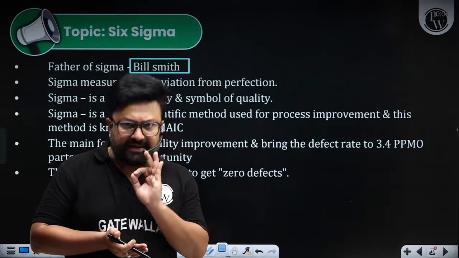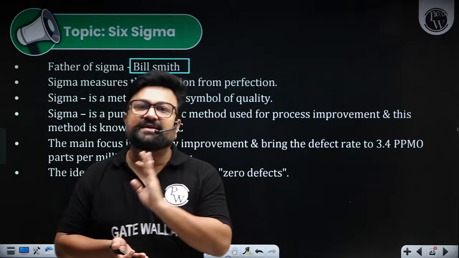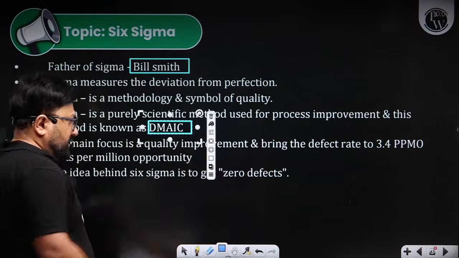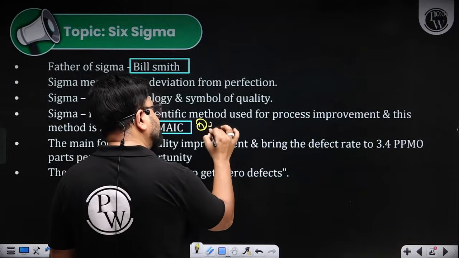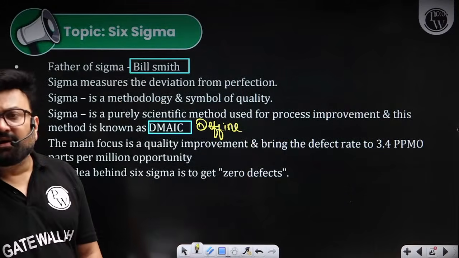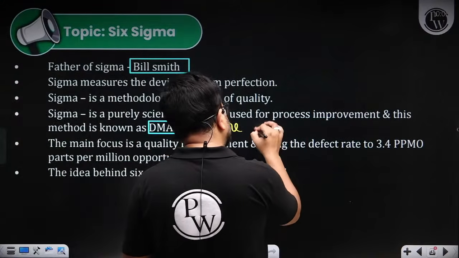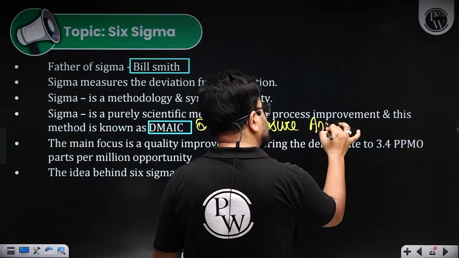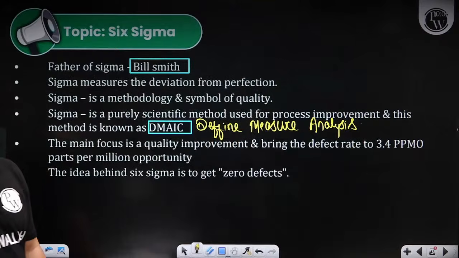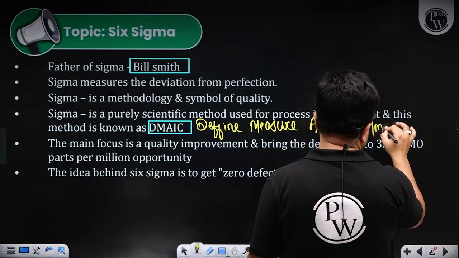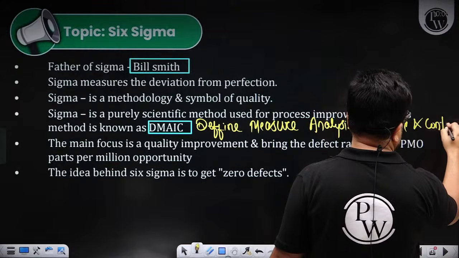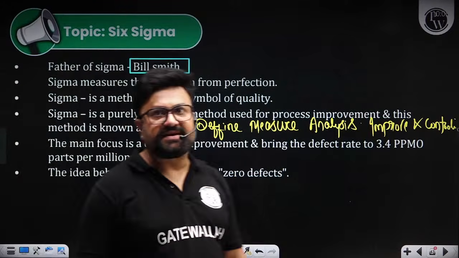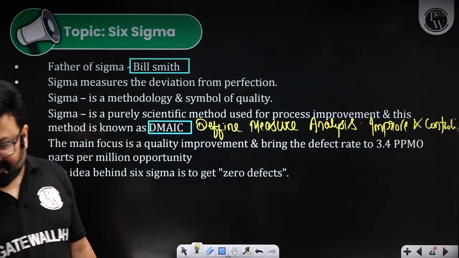Six Sigma is a purely scientific method used for process improvement, and this method is known as DMAIC. What is DMAIC? D means define, M means measure, A means analyze, I means improve, and C means control: define, measure, analyze, improve, and control.